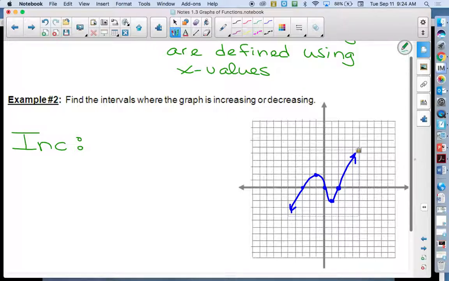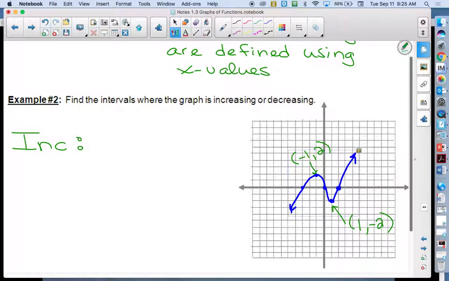So the max of the graph, right here, in this case it's -1, 2. That's called our turning point. That's the location where the graph no longer is increasing and it decides to go down and switch locations. We have another turning point at 1, -2, because that's the min of the graph.